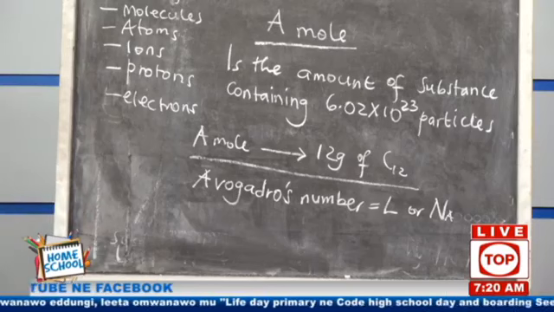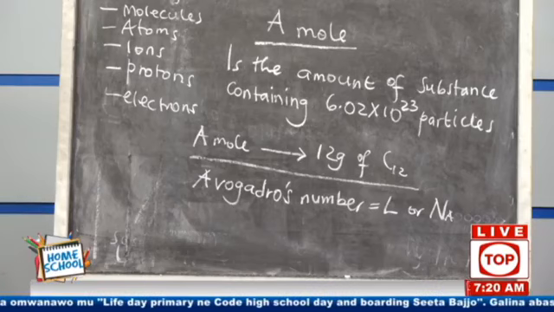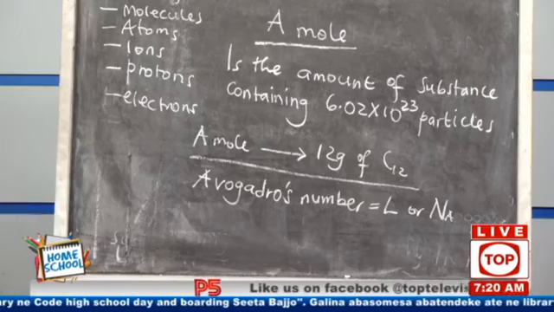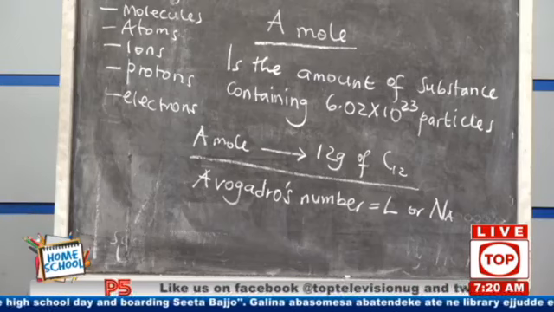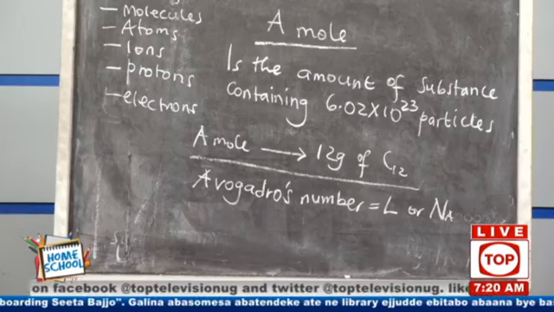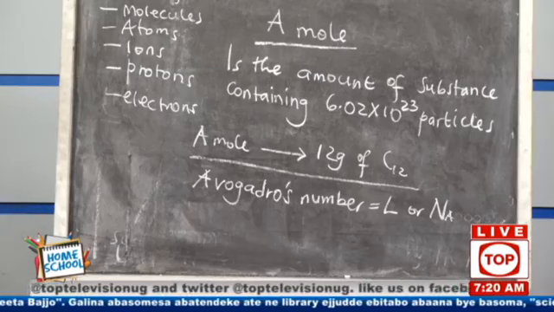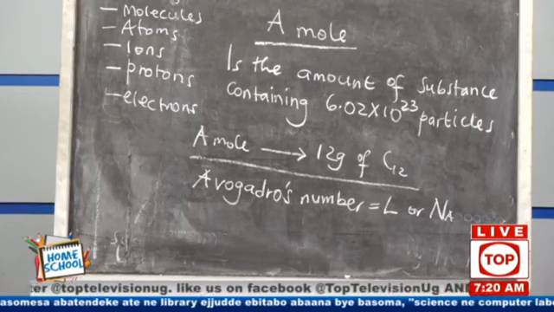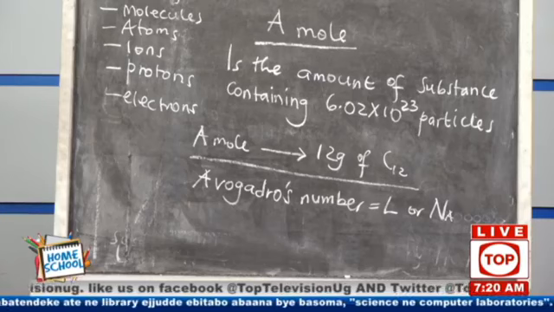So this number, you don't need to stretch yourself with it. It is always provided in standard papers. You find it there, either on the first page or within the question, put in brackets. If you see L equaling 6.02 times 10 power 23, that means they are referring to Avogadro's number, and you need to use it in that question.